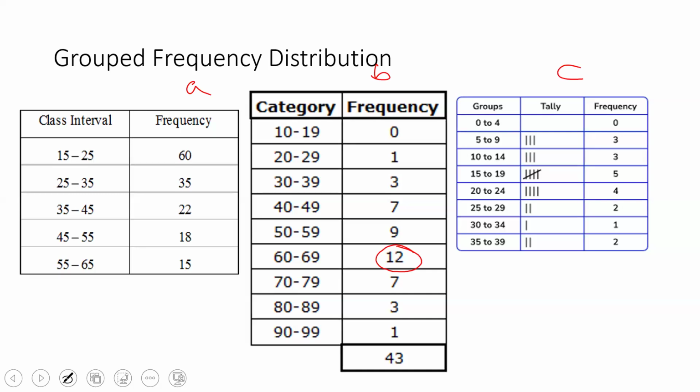That's our grouped frequency. I deliberately put table A to correct something. If you look at the class intervals, you will see that it is wrong. It says 15 to 25, then 25 to 35. You can't have the same number existing in two group intervals, because what if there's somebody who is 25? Will you put the person here or here? So this table A is a mistake, and I brought it out for you to see.